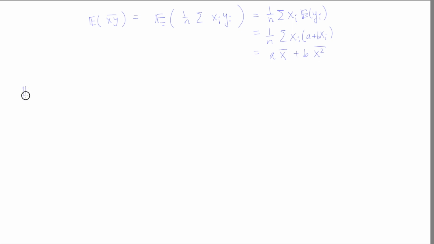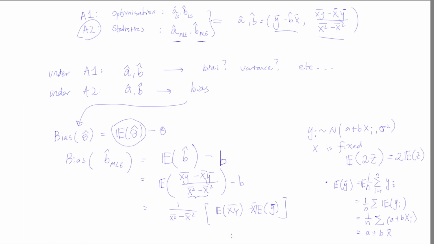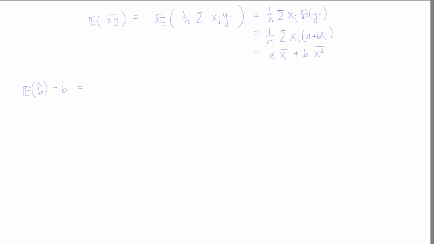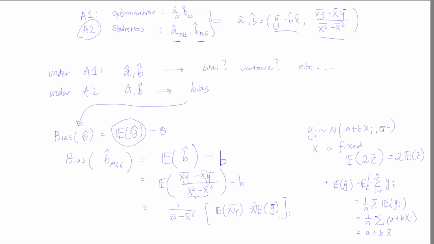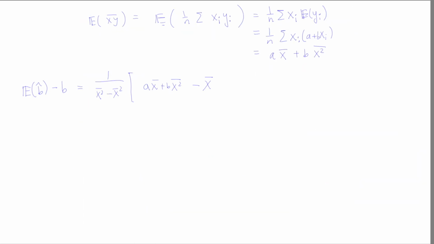Let's go back to the original thing we were trying to do. We wanted the expectation of B hat minus B, and we showed that this is 1 over (x squared bar minus x bar squared) times the expectation of x y bar, minus x bar times the expectation of y bar, which is just A plus B x bar, and then minus B. Hopefully you see that the A x bar terms cancel out.